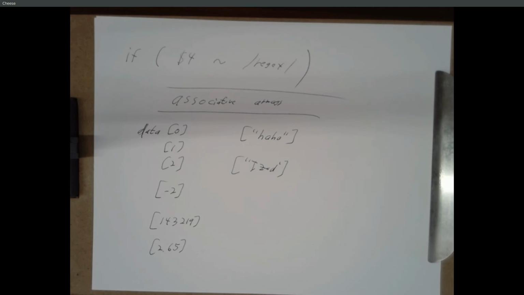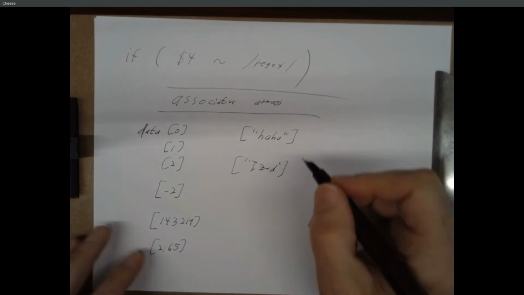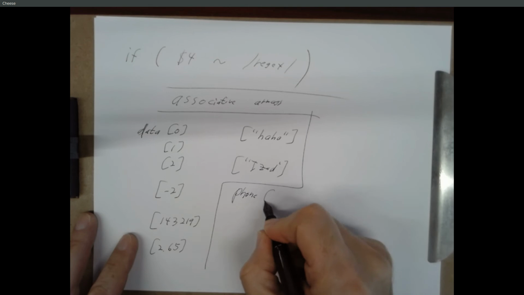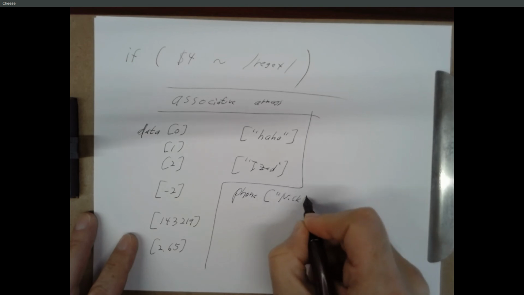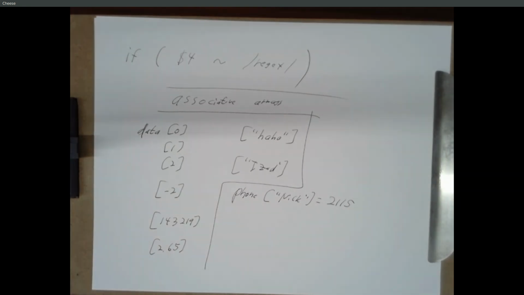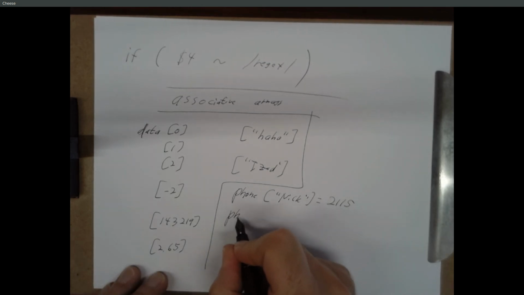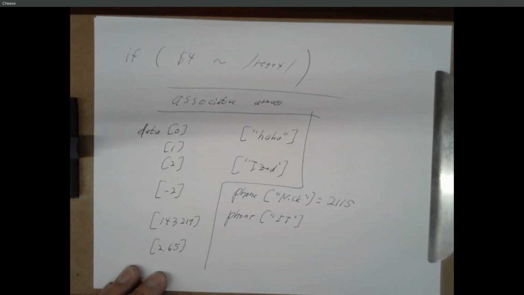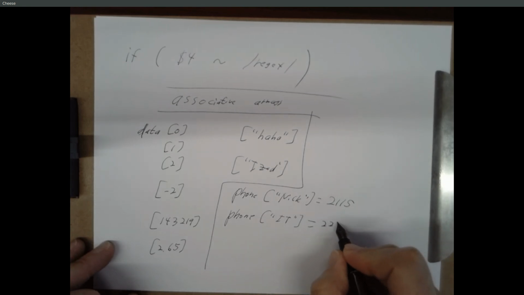For example, suppose you want to store people's phone numbers, their office extensions, right? I can make an array called phone. And I can store the value of element Nick to be 2115. That's my extension. And I can store the extension of IT by storing it in an element indexed IT. I don't know if this is IT's phone number.